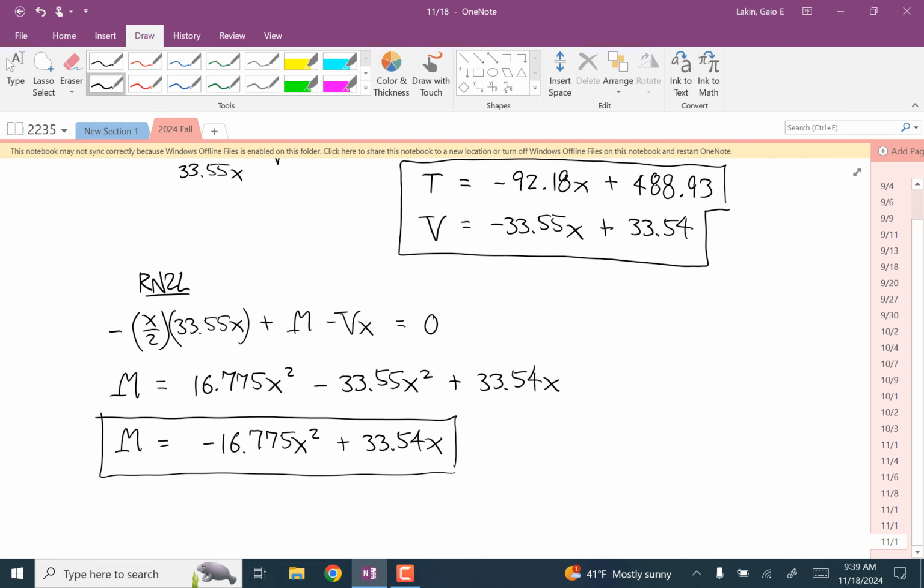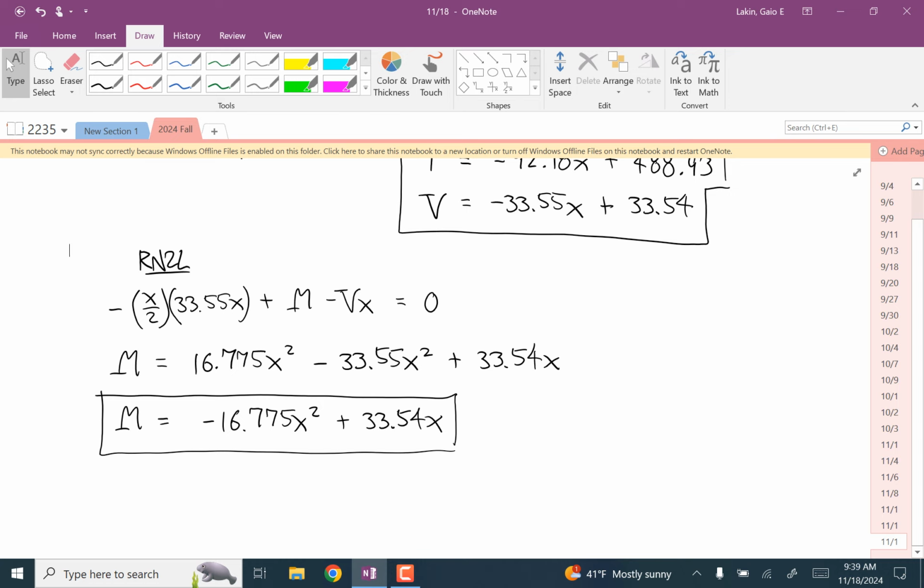And if you plug x equals 2 into that function for the bending moment, you get negative 0.02 is what I got with the round off error.